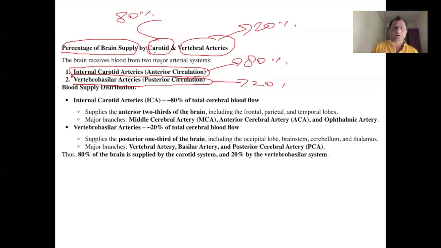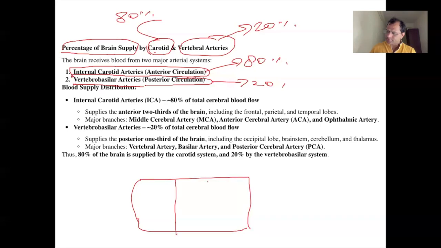So, the internal carotid artery and the vertebrobasilar artery. Suppose this is the brain. I am drawing the brain so you can understand; we divide the brain into three parts: anterior, middle, and posterior.